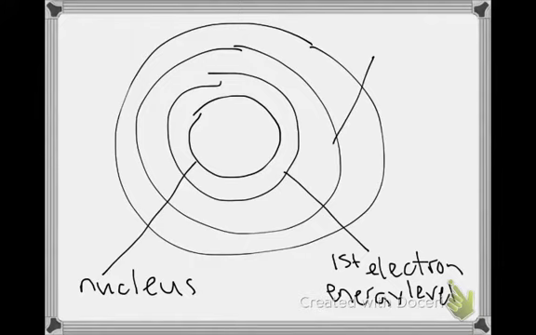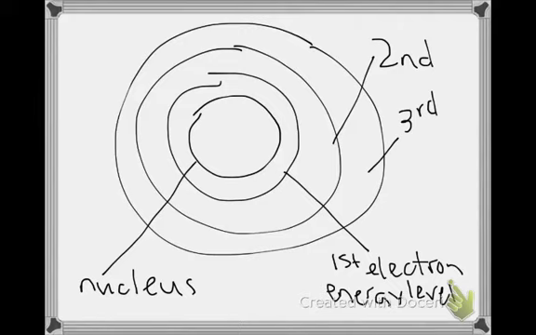We have our second electron energy level, and we have our third electron energy level. Now, when representing protons, neutrons, and electrons that were established on the previous slide, we want to make use of the symbols.